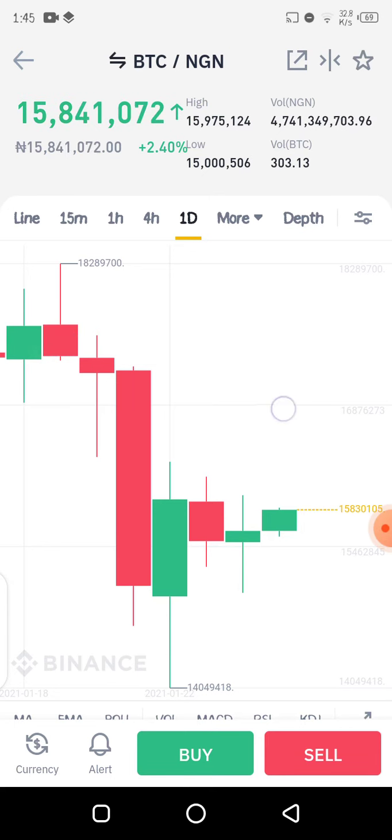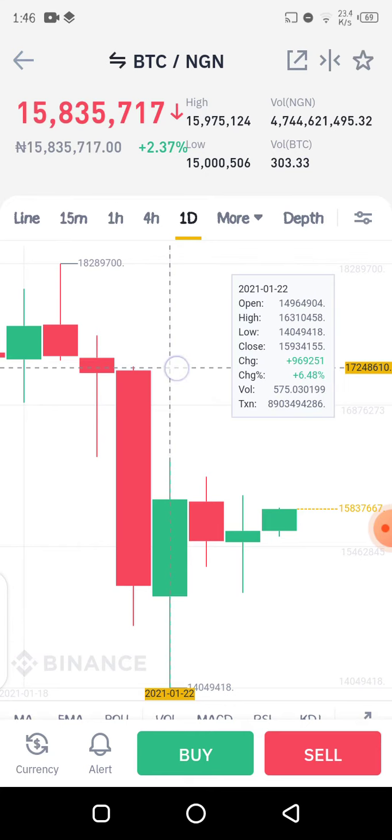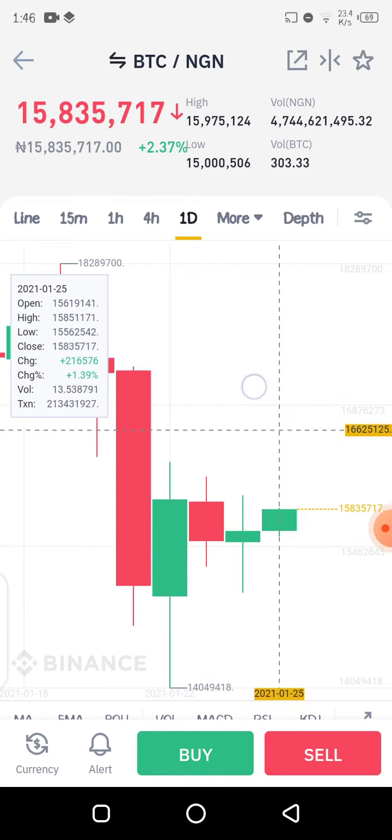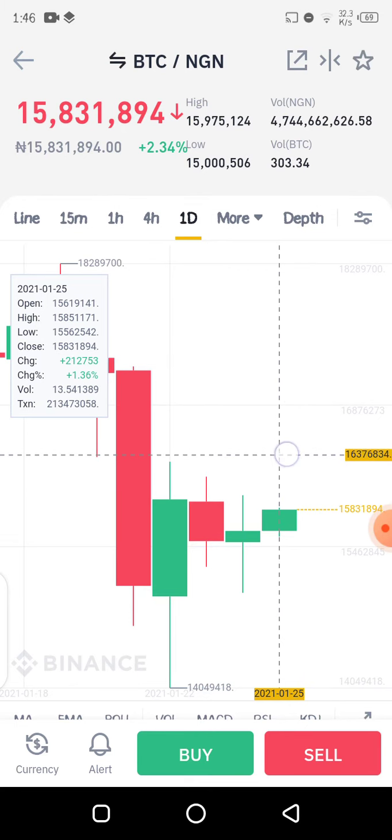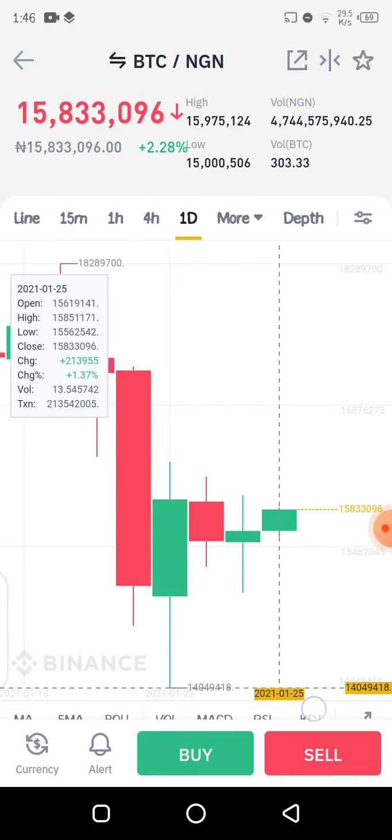Now how do I know that? If you tap and hold anywhere on your screen, you should have this which you can drag up and down like this. Now watch what's here, down here. When I drag to anywhere, see the date here is 2021-01-25.